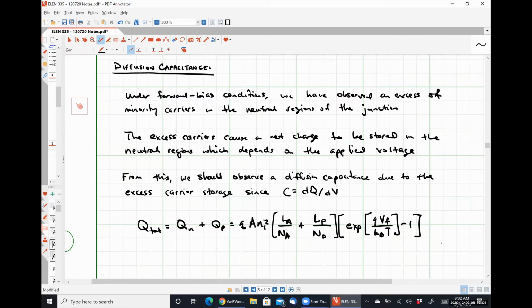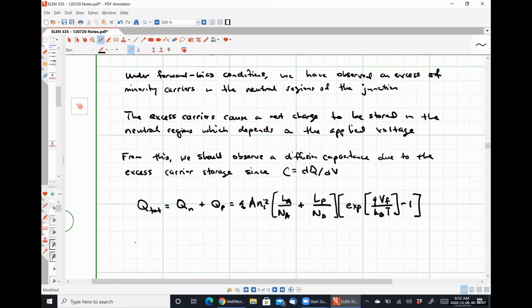From this, we can easily determine the diffusion capacitance.